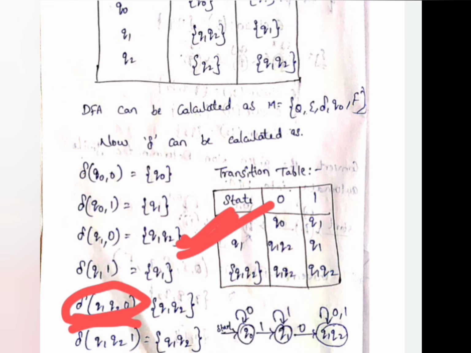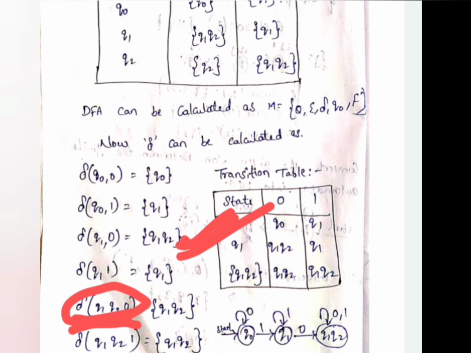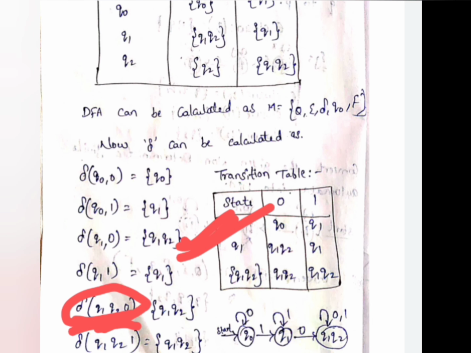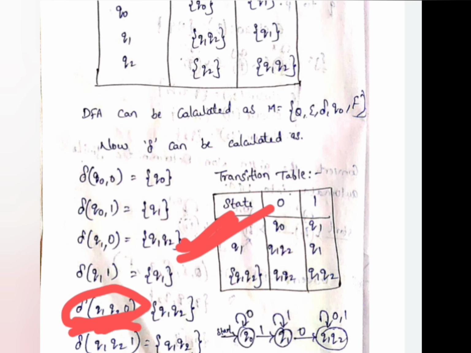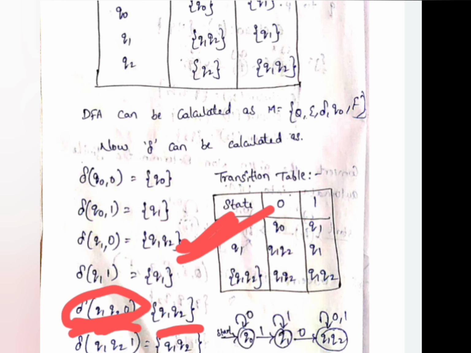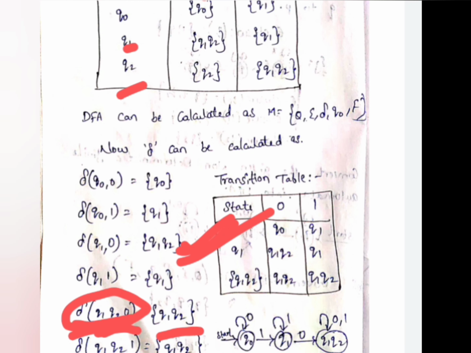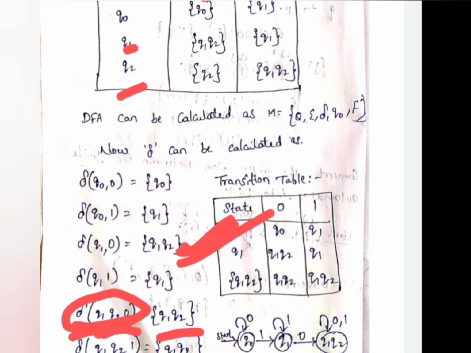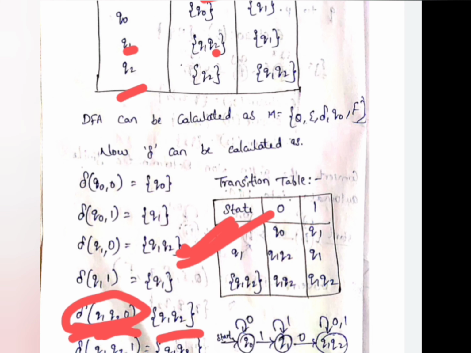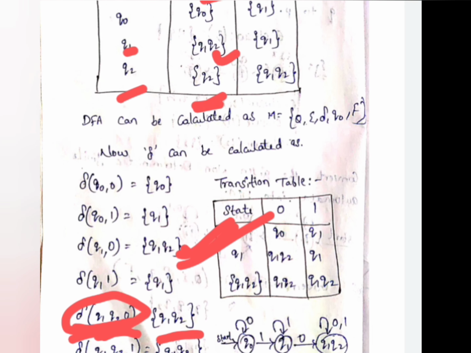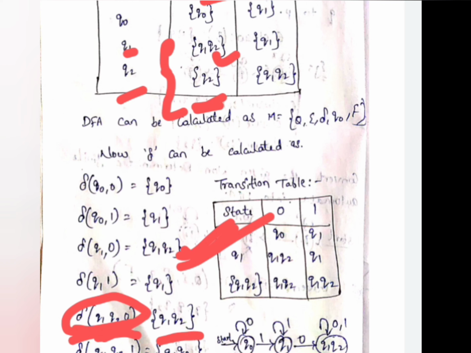Delta of Q1, Q2 comma 0 is a combination: Q1 union Q2. Union means the combination of both the sets. So you write Q1, Q1 Q2.